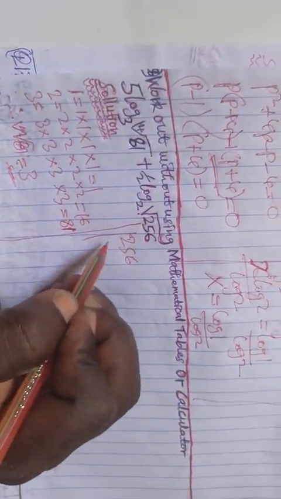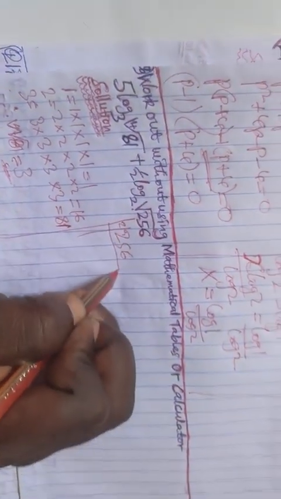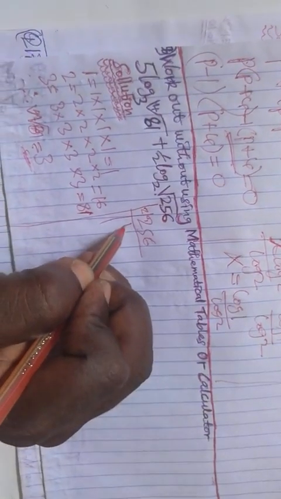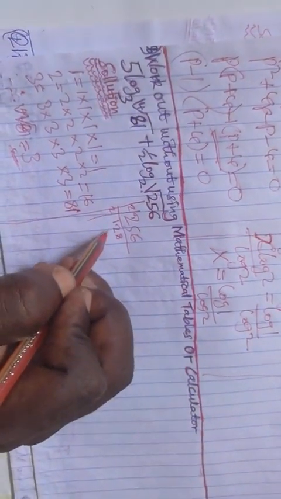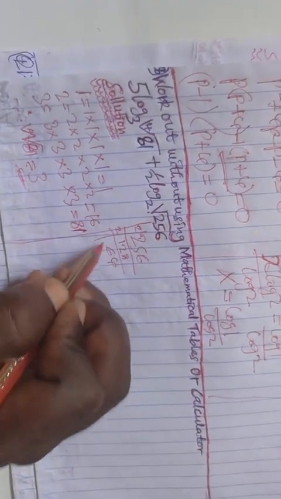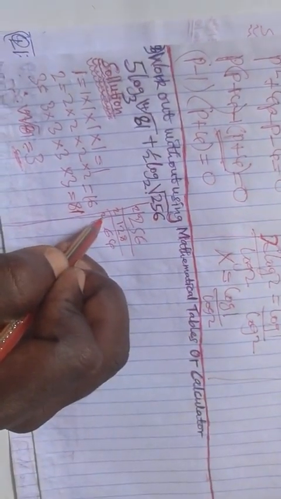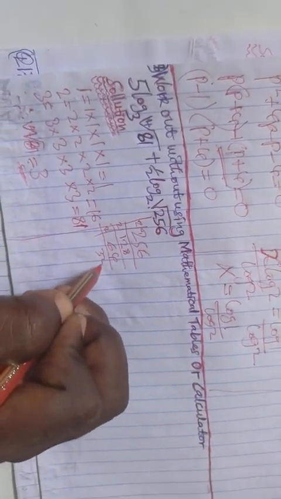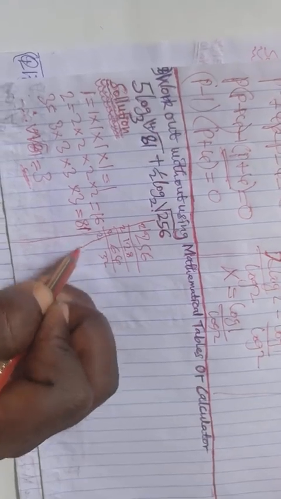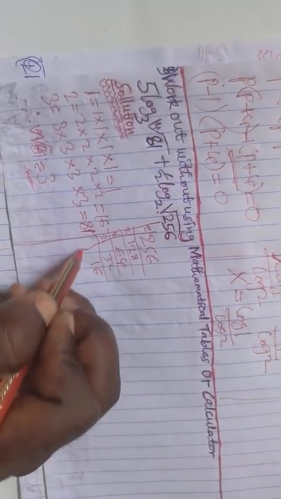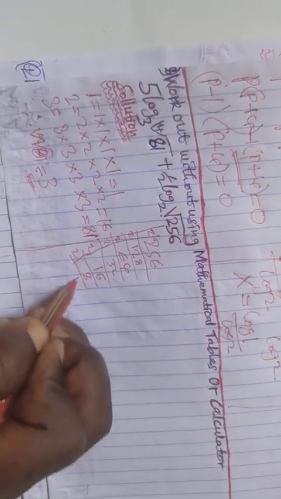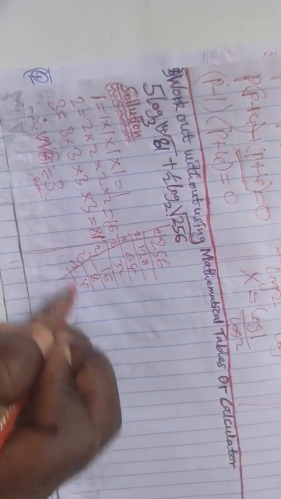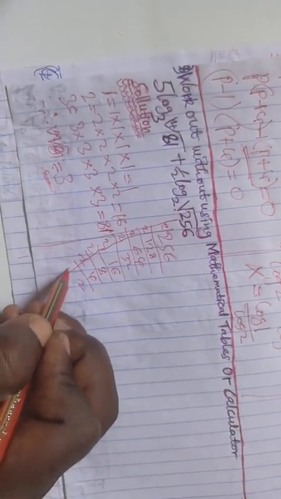For this case, we divide 256 by 2. This is 128, by 2, 64, by 2, 32, by 2, 16, by 2, 8, by 2, 4, by 2, 2, by 2, 1.